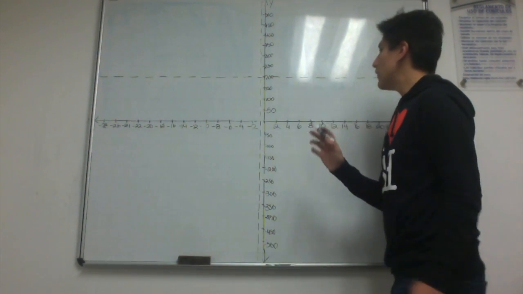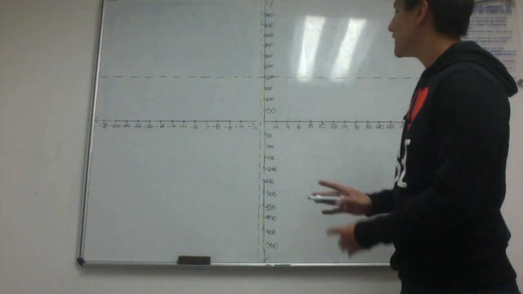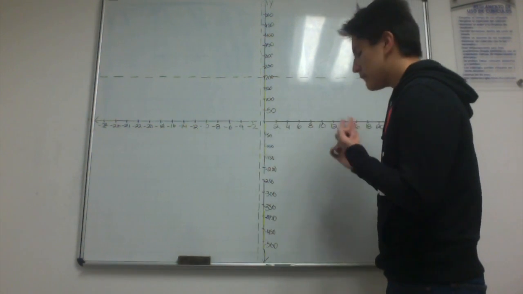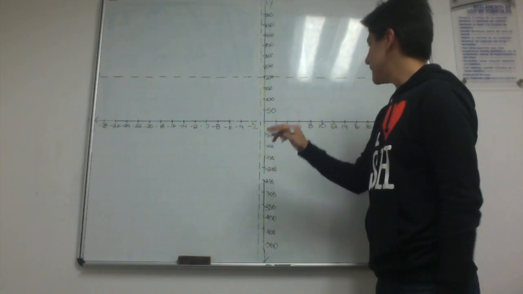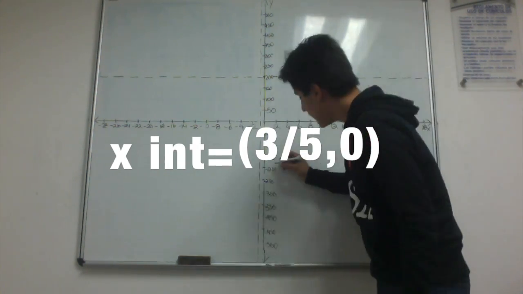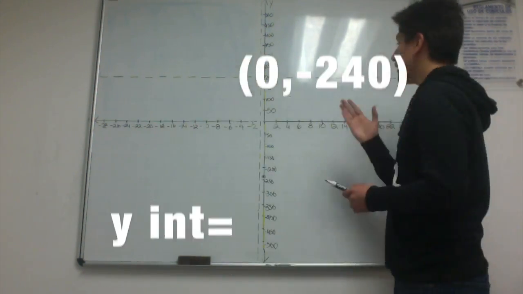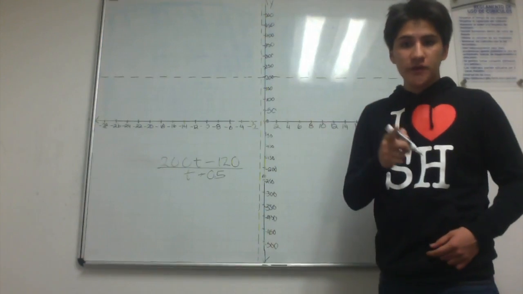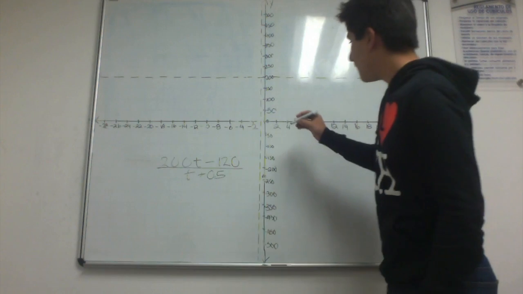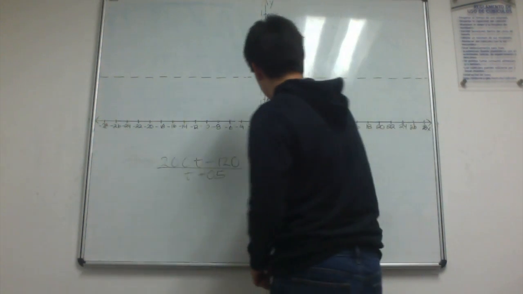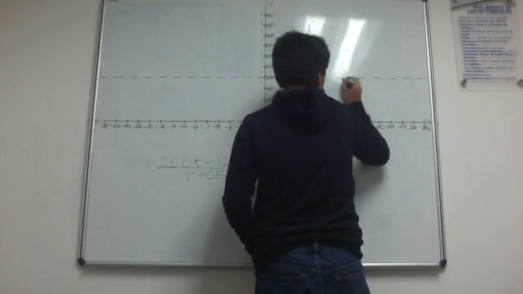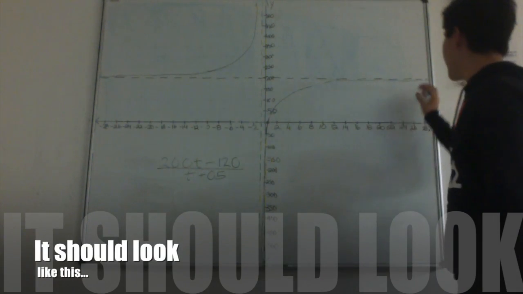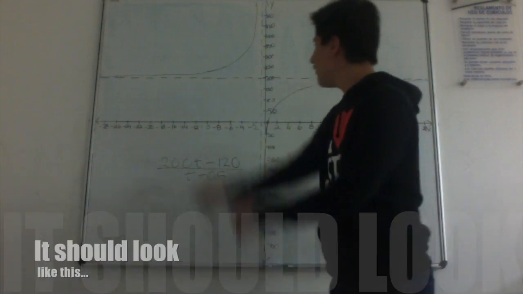Okay, now that we have graphed our asymptotes, vertical and horizontal, now we have to put our intercepts in the axis. So our graph should be something like this. Okay, now we have graphed all our functions.